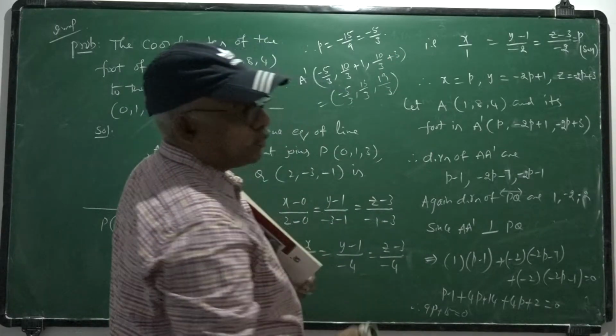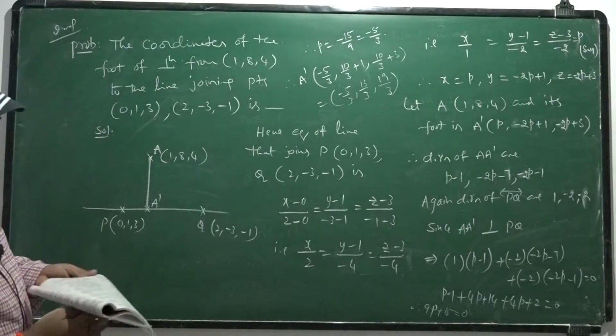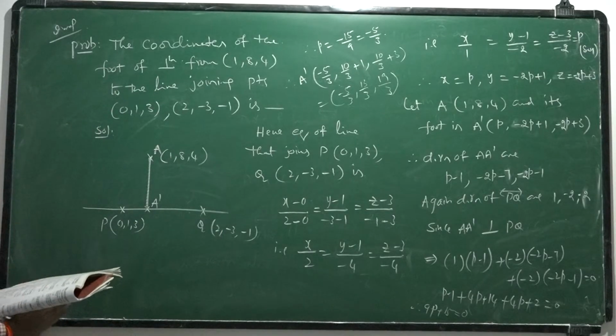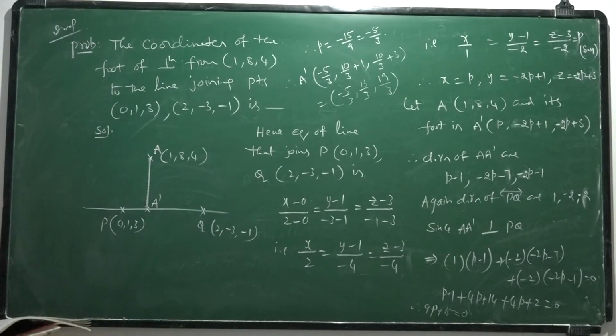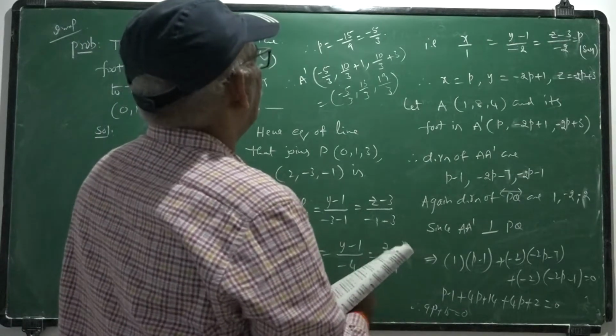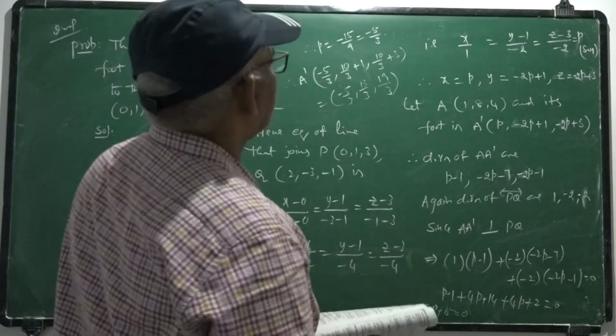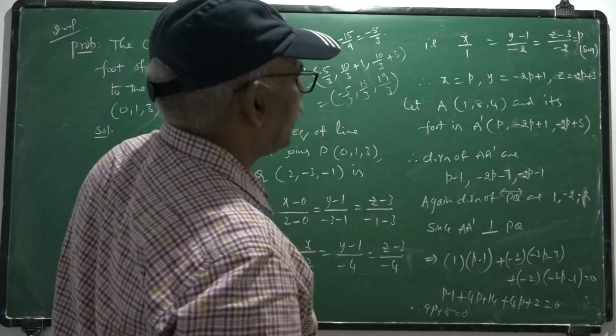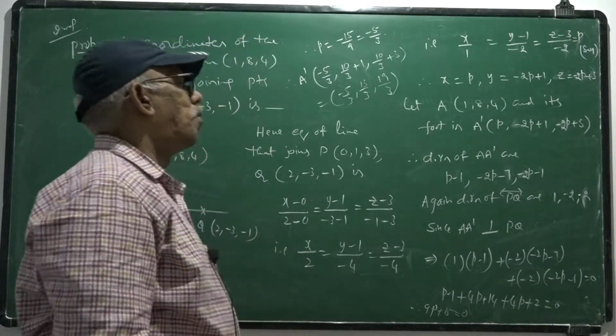This is the foot of the perpendicular dropped from the point A to the line that passes through PQ.